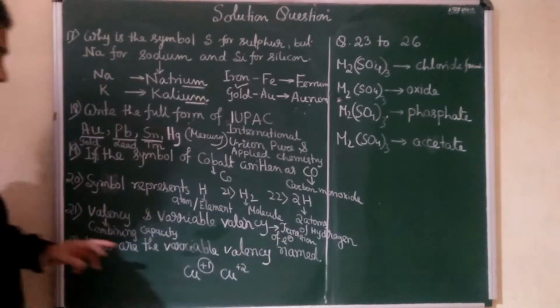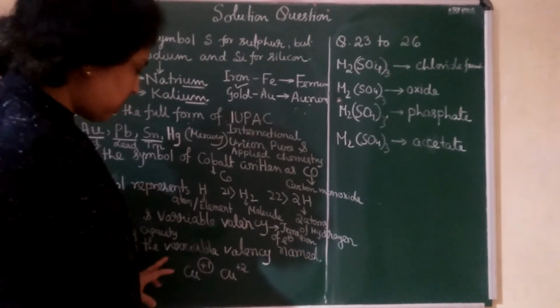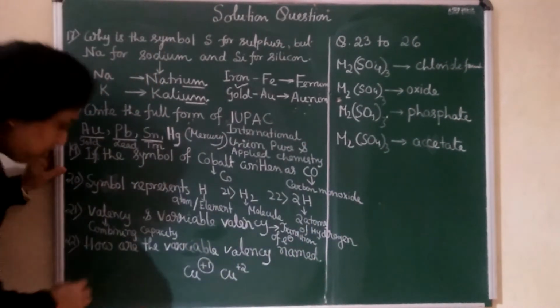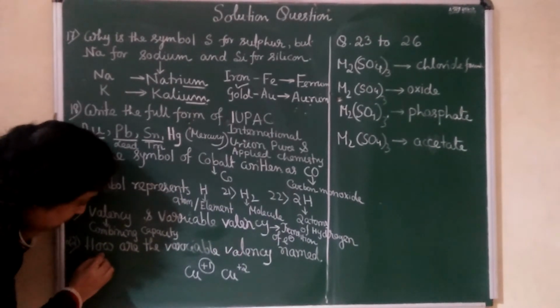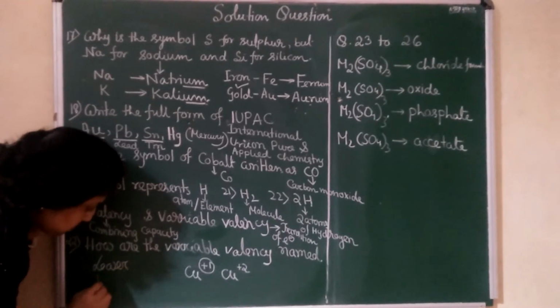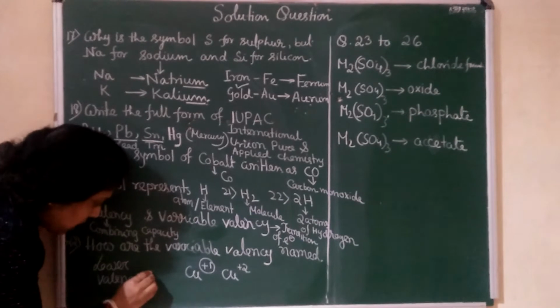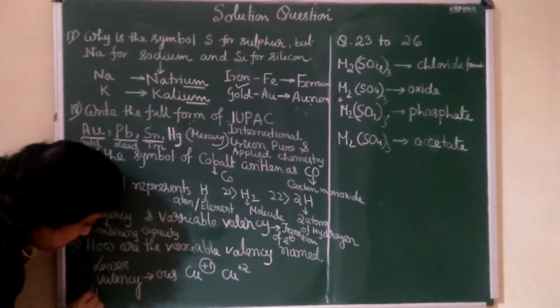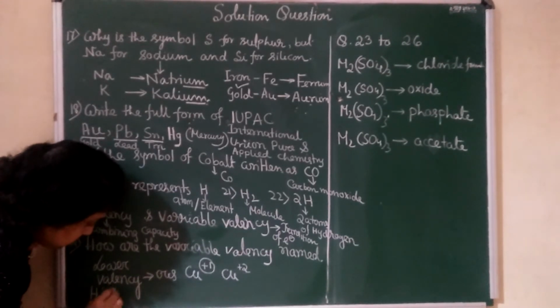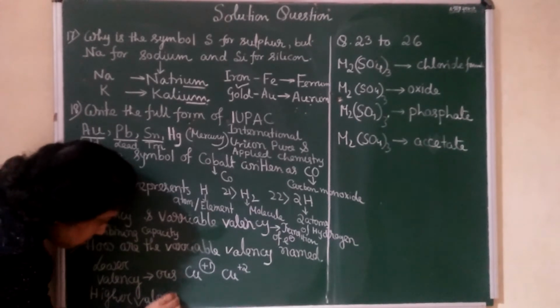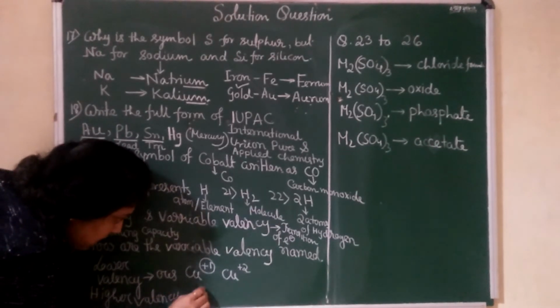How is this variable valency named? One example I have given. When it is a lower valency, we write OUS. If it is a higher valency, we write IC.